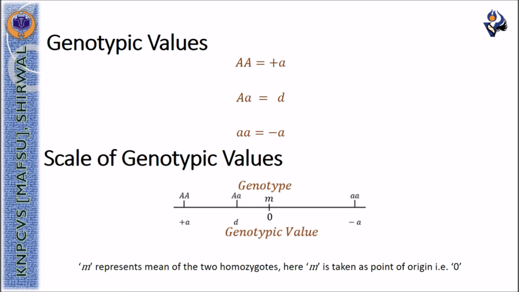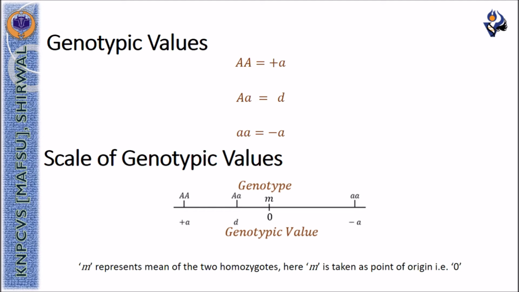Now suppose the genotypic values of the homozygous dominant, heterozygous and homozygous recessive genotypes are assumed to be +a, d and -a respectively, and the scale of genotypic values is expressed by taking 0 as the mid value of the two homozygotes, that is, homozygous dominant and homozygous recessive genotype.